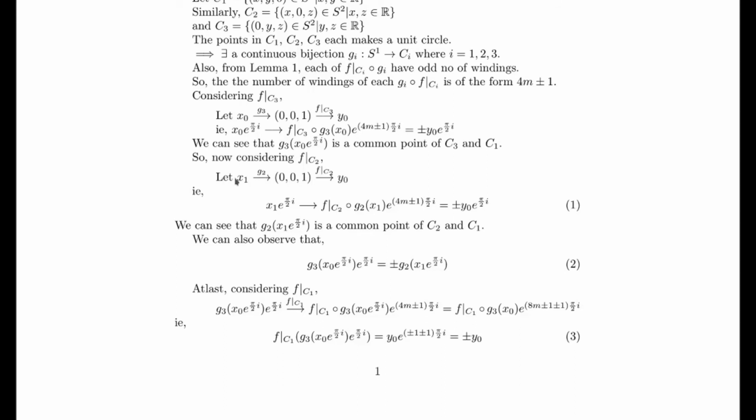So x1 in C2 maps to (0, 0, 1). So this will be the previous y0, and the conversion is a map from S1 to S1. So just like the previous one, we can map this to plus or minus y0 e raised to pi by 2i. Nothing new here.